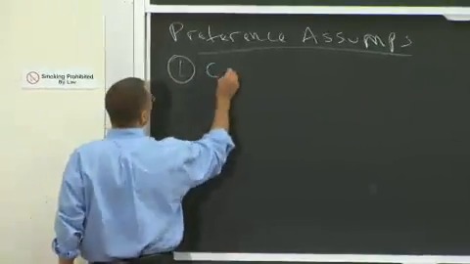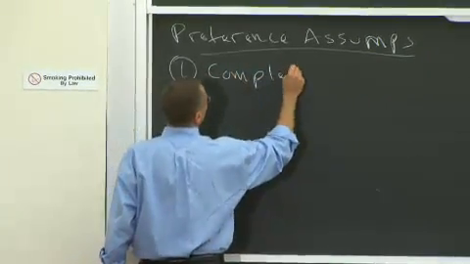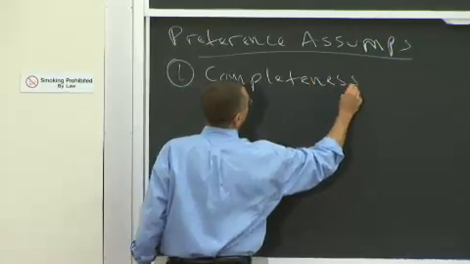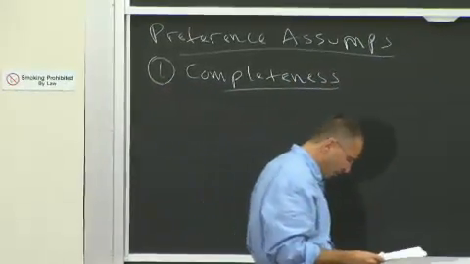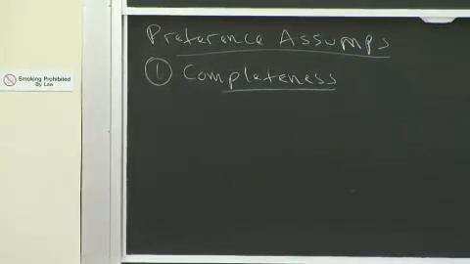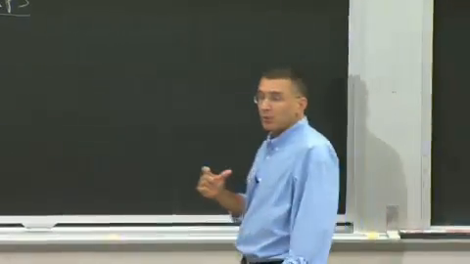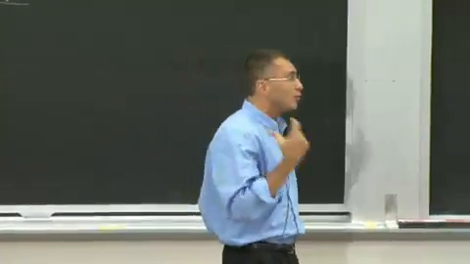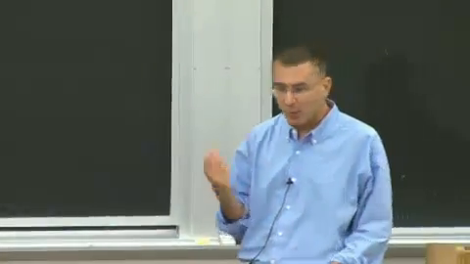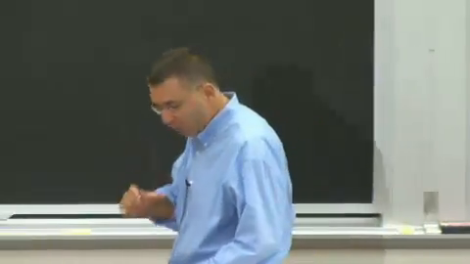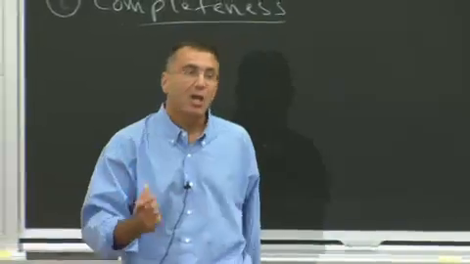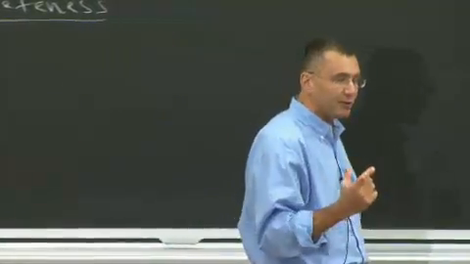The first assumption is the assumption of completeness. When comparing two bundles of goods, you prefer one or the other, but you don't value them equally. Completeness is the same as no indifference.